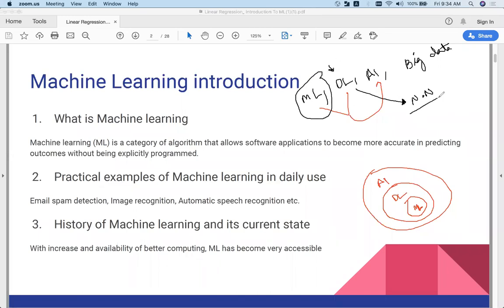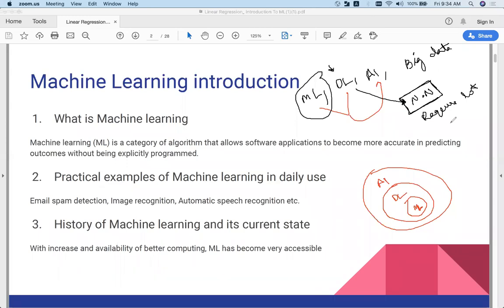So if your algorithm is always a neural network, and in general in deep learning you require a lot of data, because neural networks are data hungry, meaning that they want a lot of data.